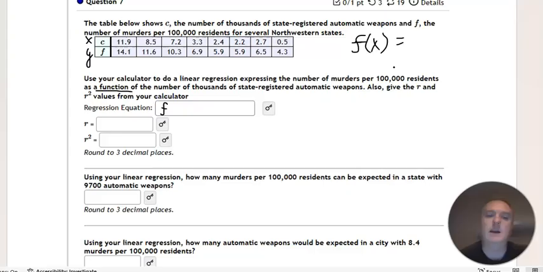In this case, our x value is c, so it wants you to start it off in function notation as f of c. Alright, so we're going to round to 3 decimal places, so I'm going to pause and put the x values and y values into my regression calculator, and I'll be right back.